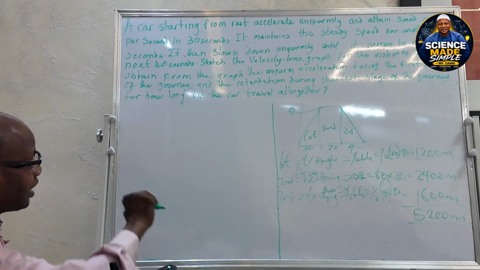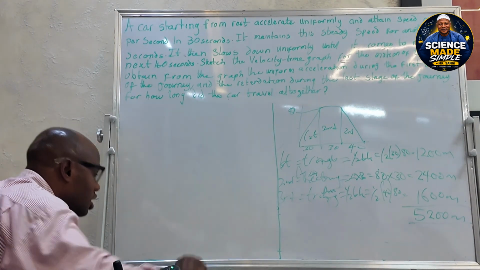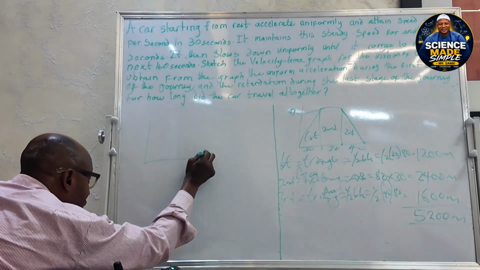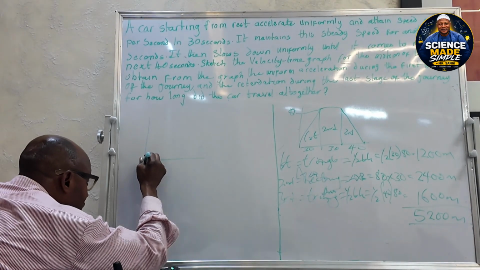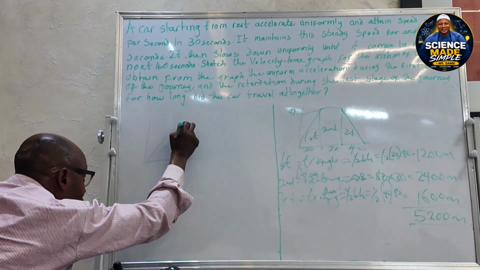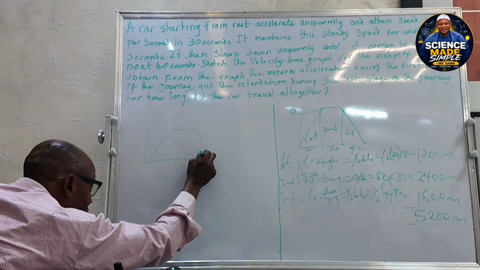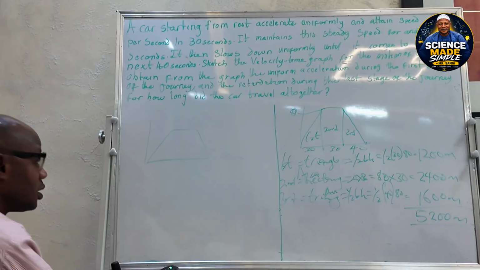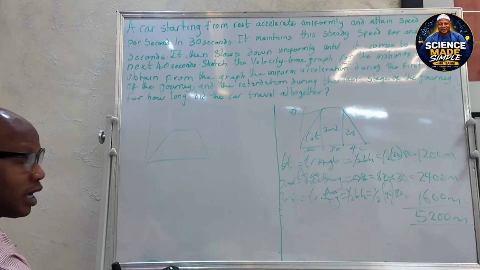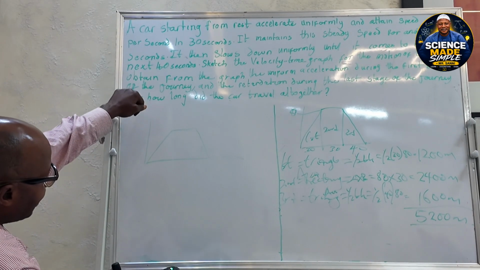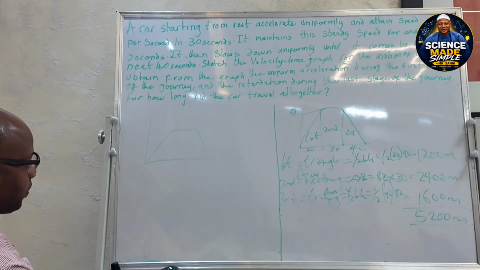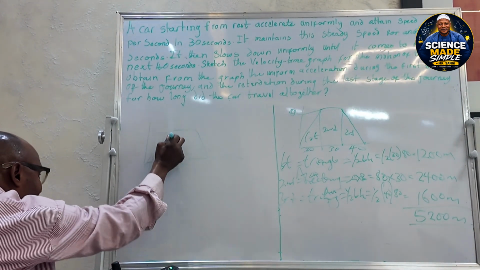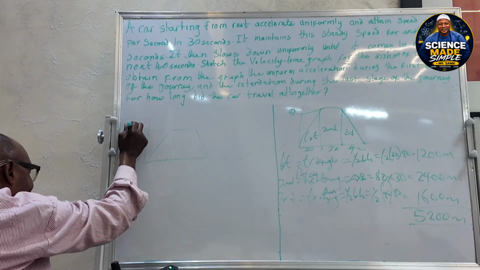Alternatively, we can consider that the whole diagram looks like one figure, the whole journey. This looks like a trapezium, with the maximum height being 80.